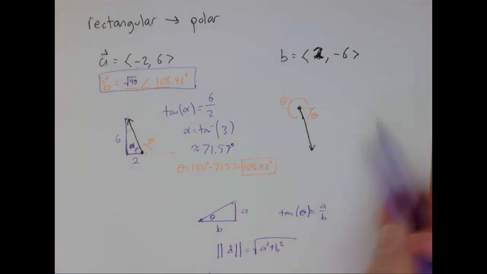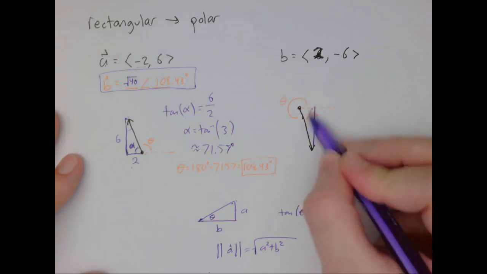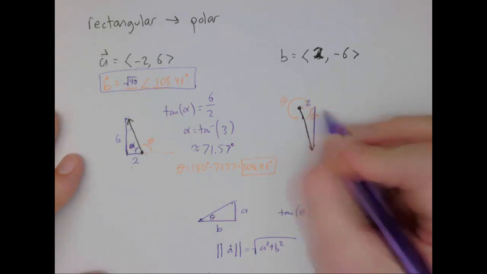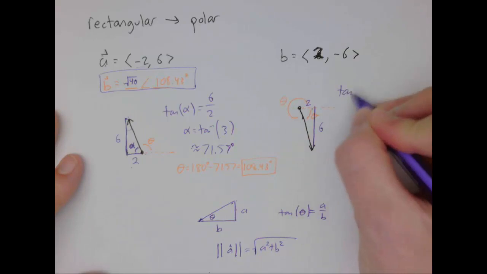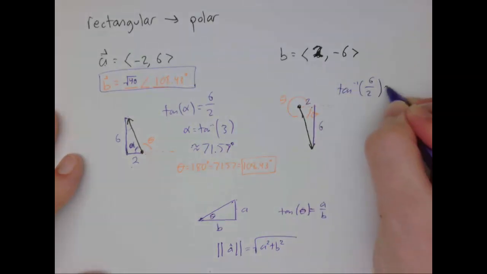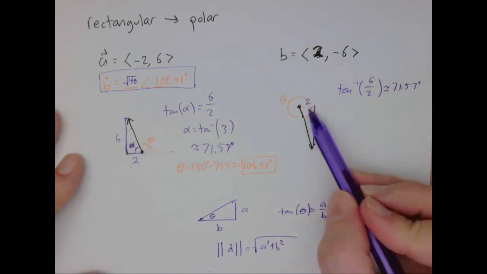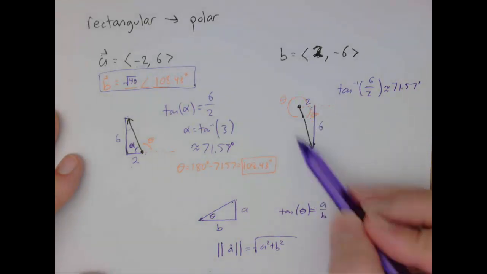Okay, what about this other one? This other one, it's easy enough to make this be the triangle. I could find this angle directly. So this is distance 2, that's distance 6. So again, arctangent of 6 divided by 2 is going to be approximately 71.57. But that describes, again, kind of the absolute angle, not the direction we're going in.